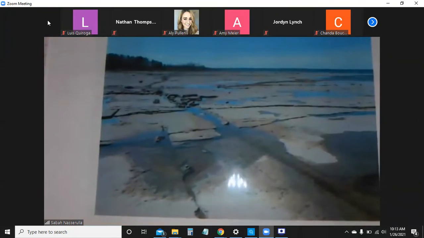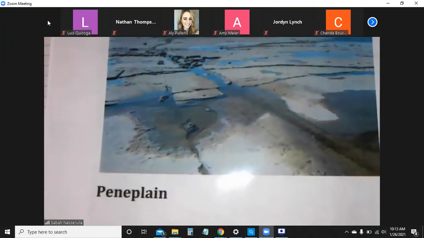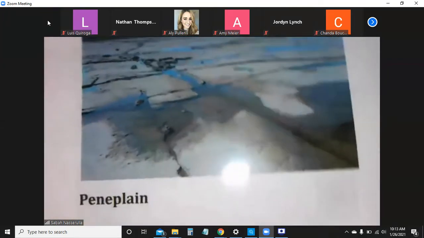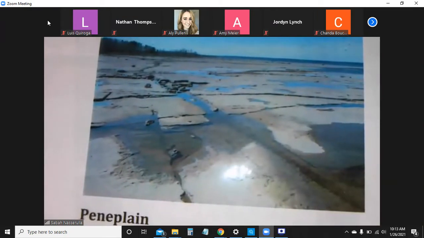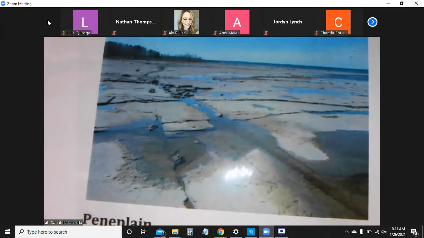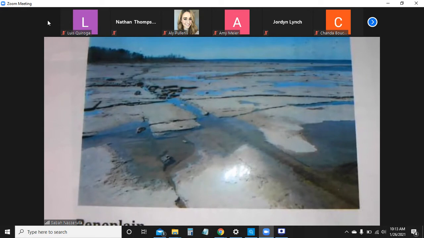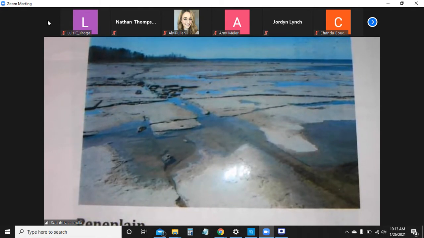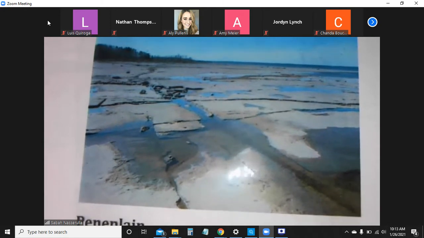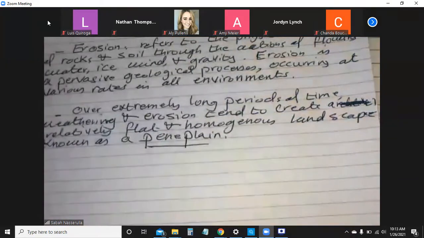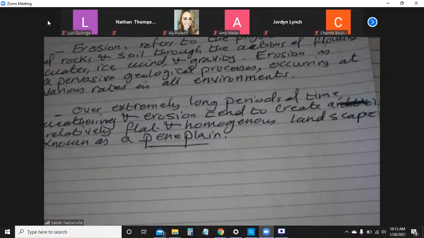You see this one here? This is known as peneplain, okay? As you can see, as a result of erosion and weathering at the same time, but of course this occurs over a long period of time. The habitat, as you can see here, is homogeneous and flat. So this is known as peneplain, and it depends on many factors.